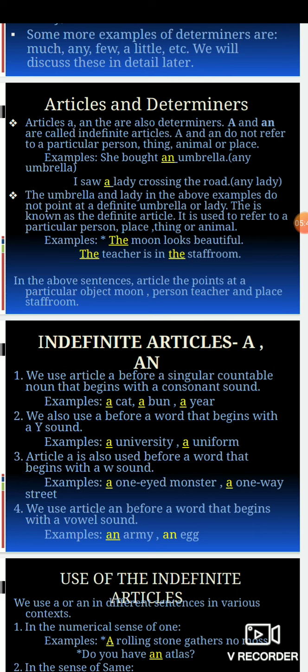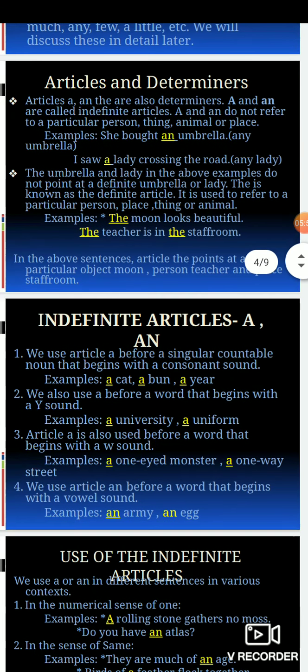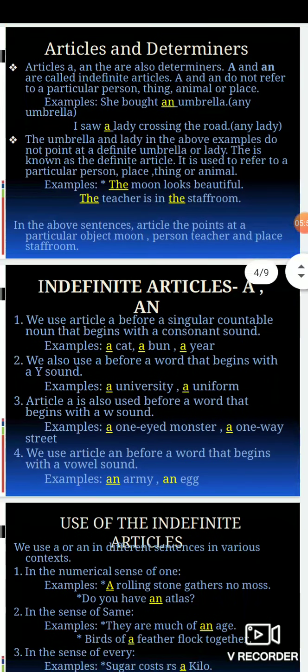So the teacher is in the particular staff room. So in the above sentences, the article the points at a particular object, moon, person, teacher, and place.